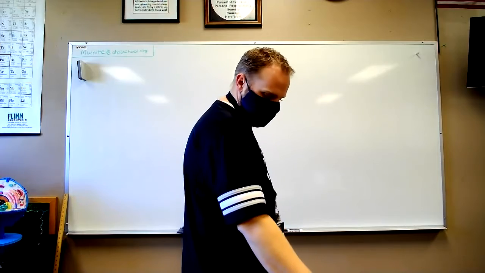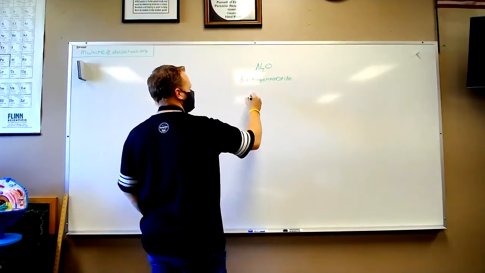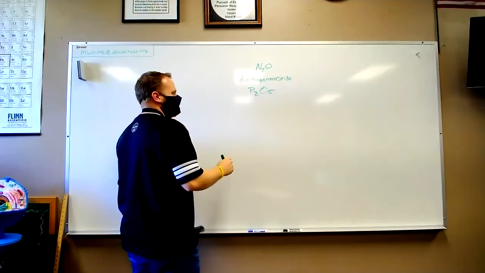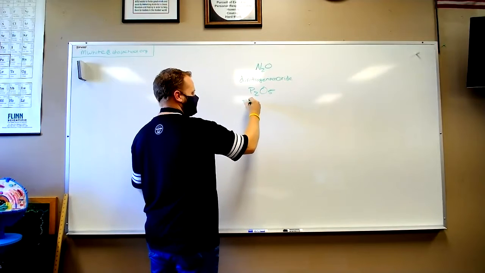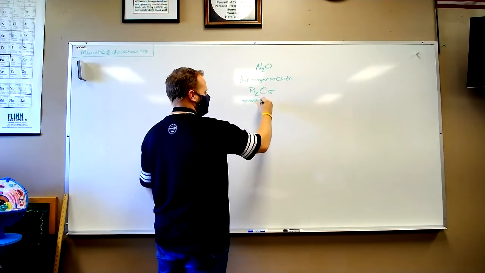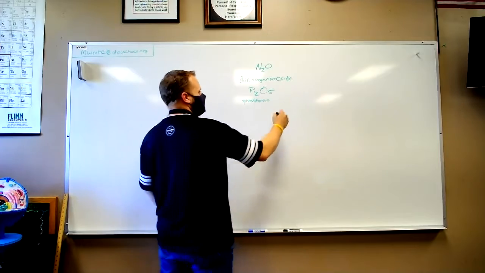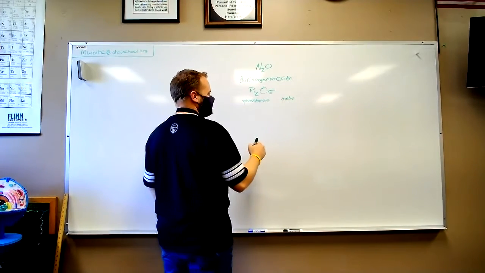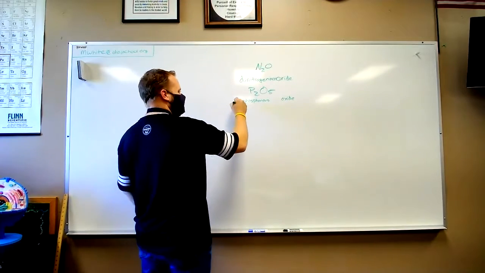There are more examples. We'll do one more here. Okay, rule number 1, first element, phosphorus. And then, once again, you have oxide. How many phosphorus do we have? 2, so it's diphosphorus.